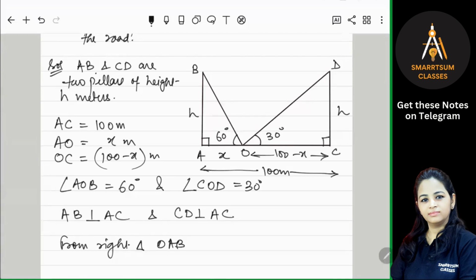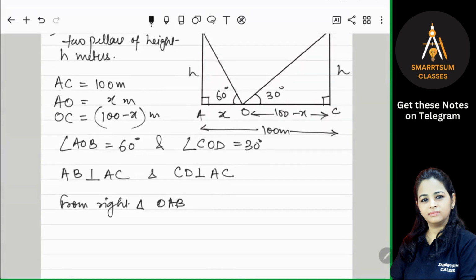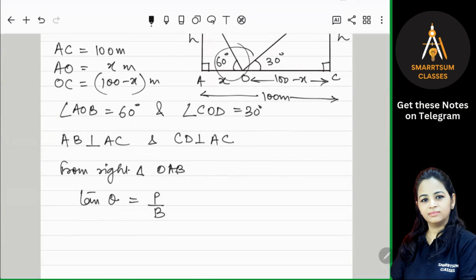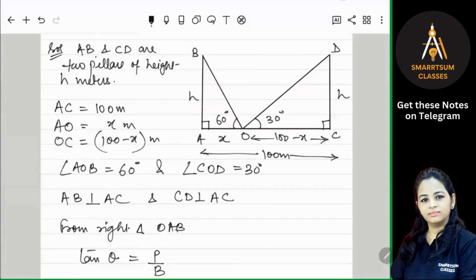So from this right angle triangle OAB, we have tan theta, that is perpendicular upon base. The value of theta here is 60 degrees. So tan 60 degrees is perpendicular upon base. AB is perpendicular and AO is the base, so perpendicular is H and x is the base.